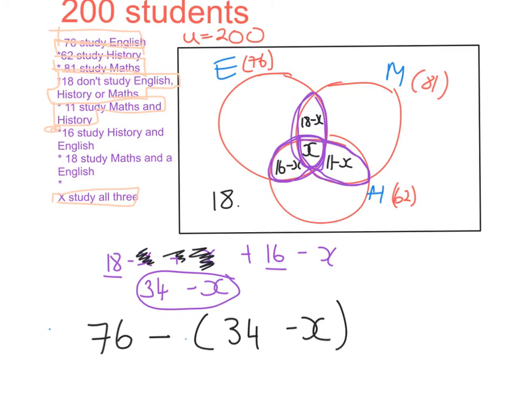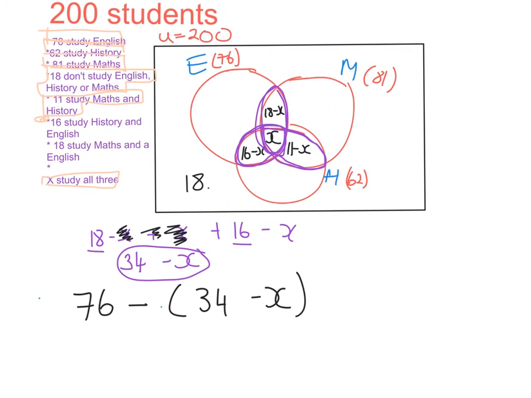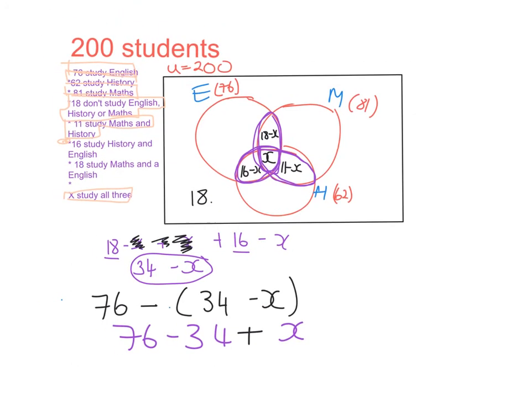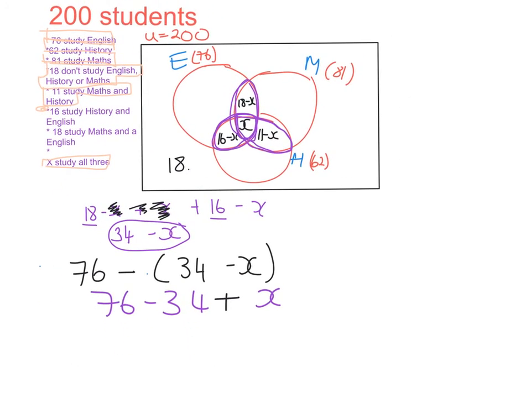If that's the case, and I'll just focus on my signs, this is going to give me 76 minus 34, but here we have a minus by a minus, which gives me a plus x. So now I've got 76 minus 34, which gives me 42 plus x. So I can now write that as 42 plus x.